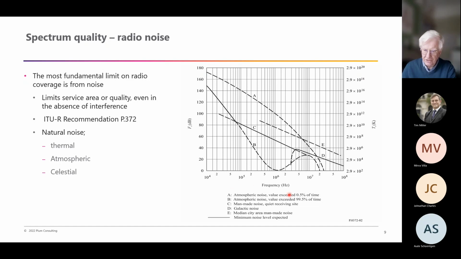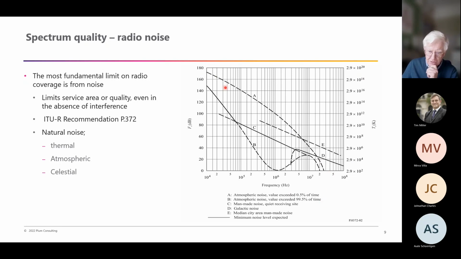And the plot here shows different noise sources across the radio spectrum, running from very low frequencies, 10 kilohertz at the bottom here, up through the AM radio wave bands, and up to FM radio at this end of the spectrum. And you can see that the general tendency is for noise to decrease as you move higher in frequency.